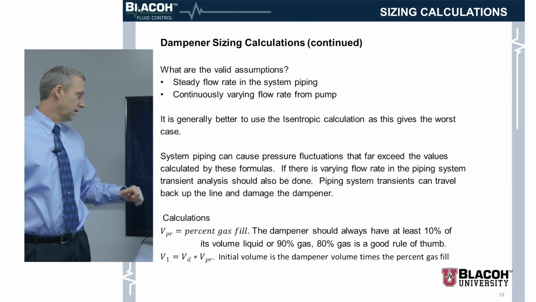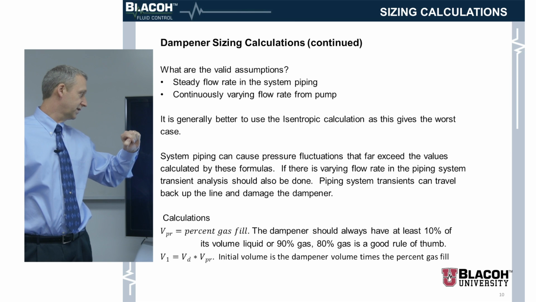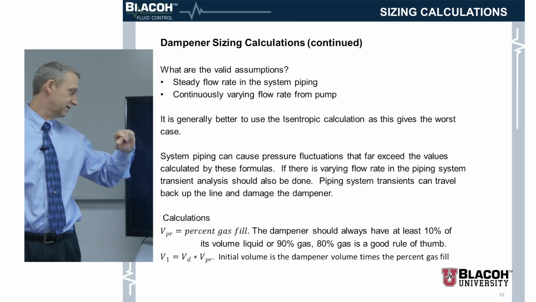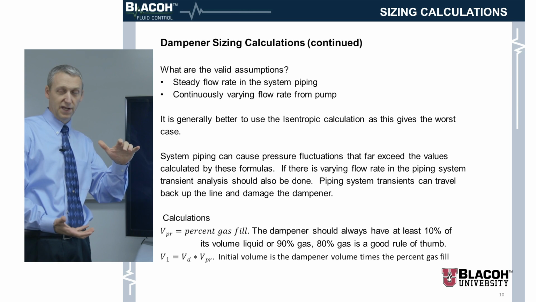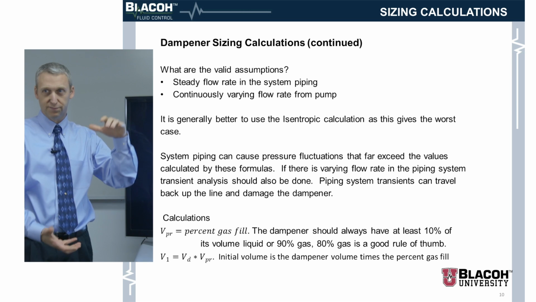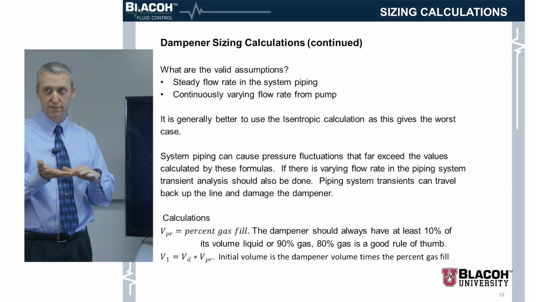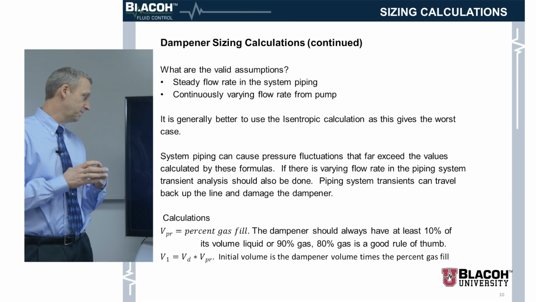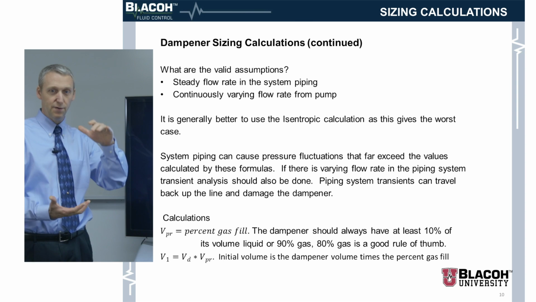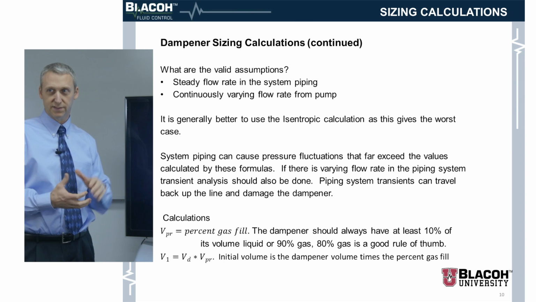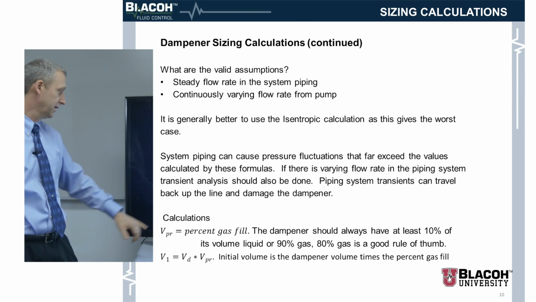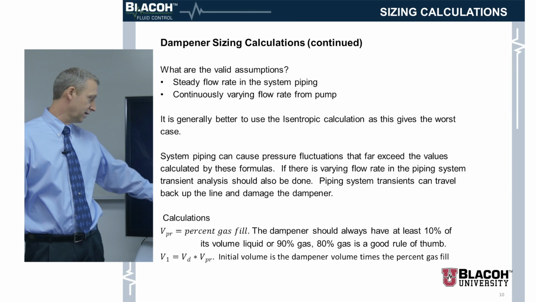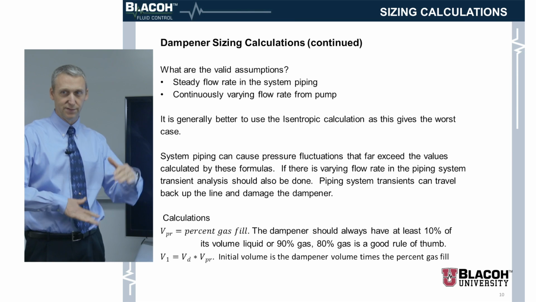Okay, add a couple of variables here to the calculation. If we have a dampener, it's not totally full of gas or fluid. If it is, it isn't correctly charged. So we want to figure out how much of the volume of the dampener is gas and how much is liquid. So we have the variable here, VPR, which is the percent gas fill.